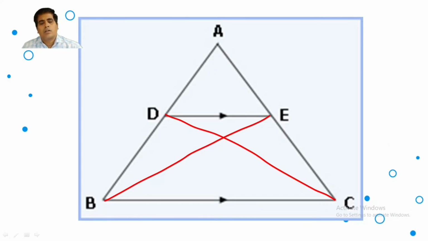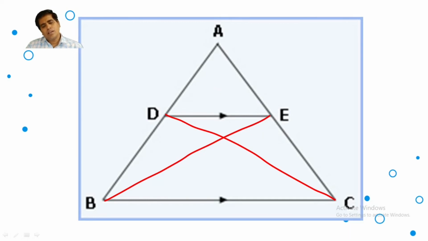So in the previous discussion, we got that the area of triangle BDE and the area of triangle DEC are equal, since they have the same base between two parallel lines, and the area of triangle ADE and AED are the same because they represent the same triangle. So this is the discussion we have done. Now let us draw the altitudes for the triangles. I will draw the altitude for the triangle now.